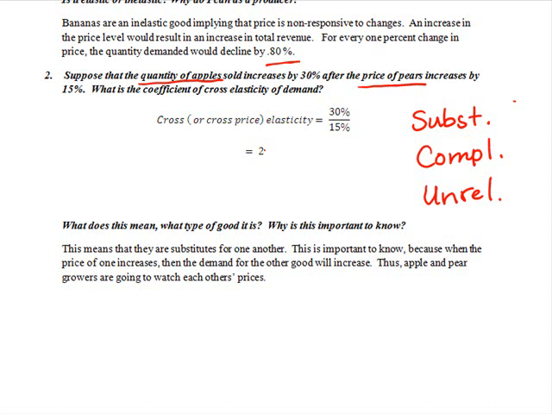Alright, well this relationship, I don't want to take the absolute value of it. So no absolute value. I want to take it for what it's worth. This is positive, so this tells me they're complementary goods. Excuse me, substitute goods, if I'll get it right here in a second.